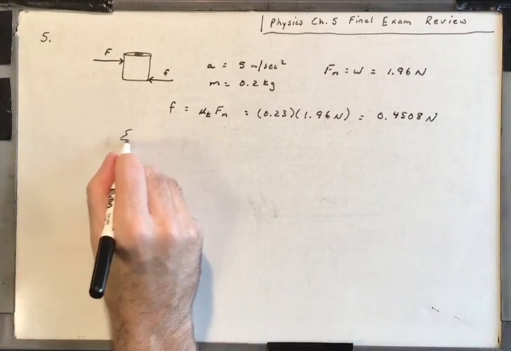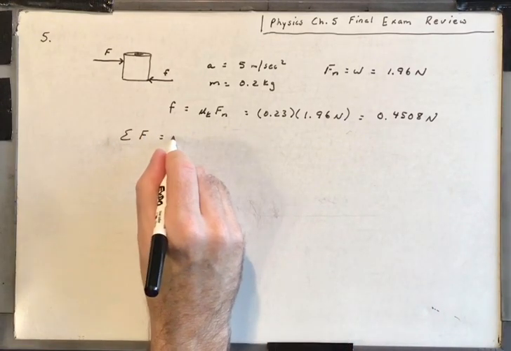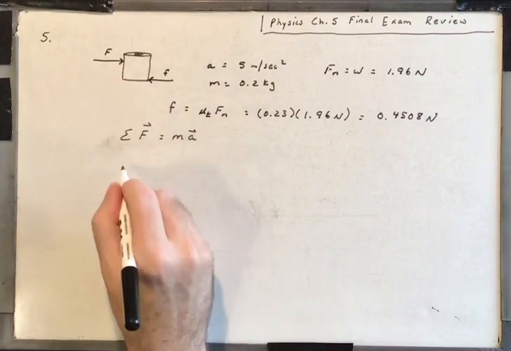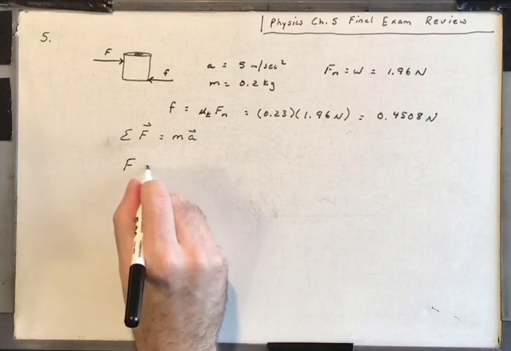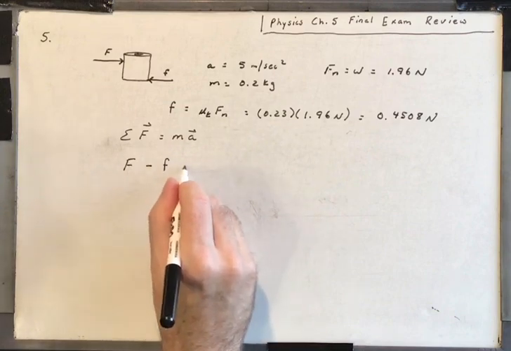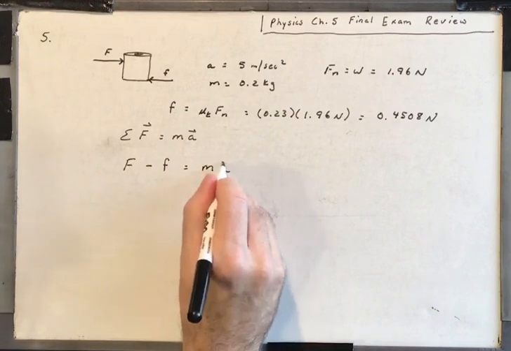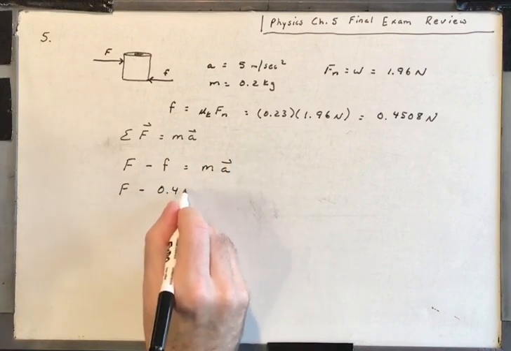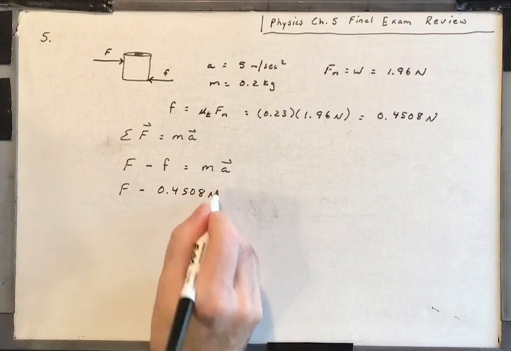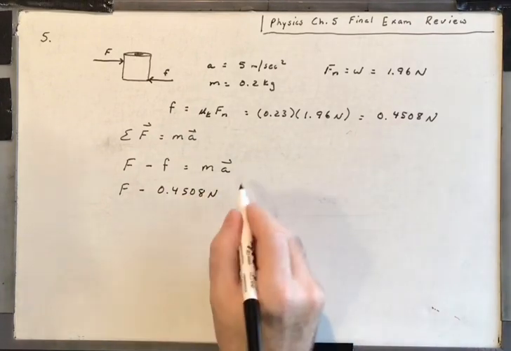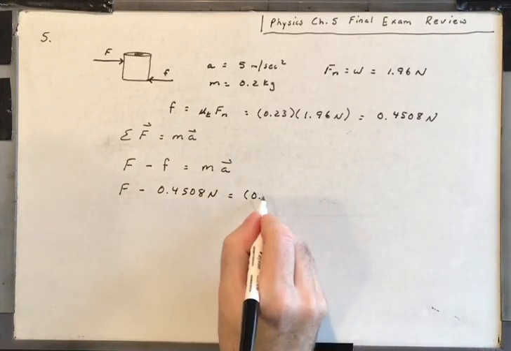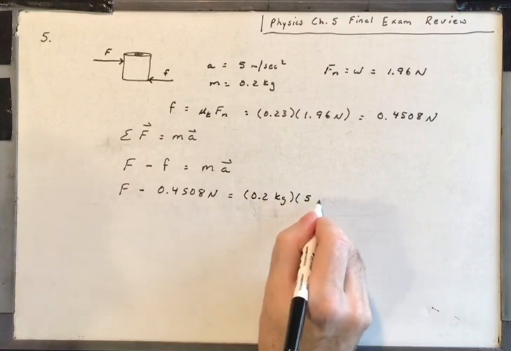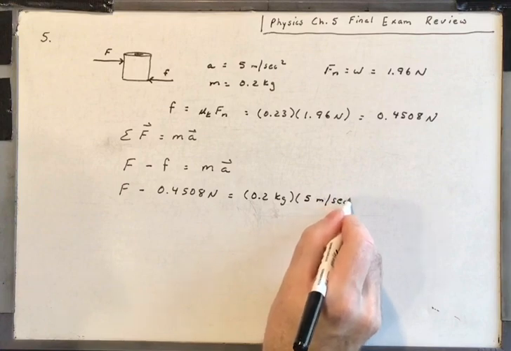Okay, so if the sum of all the forces is equal to mass times acceleration, we would know that big F, which we're trying to figure out, minus little f is equal to mass times acceleration. So big F minus 0.4508, right, that's this right here, is equal to the mass 0.2 kilograms times acceleration, which is 5 meters per second squared.